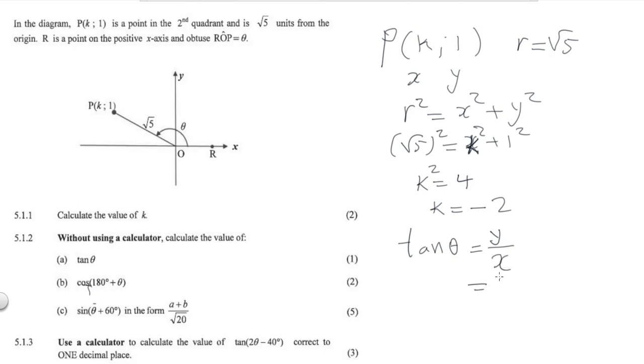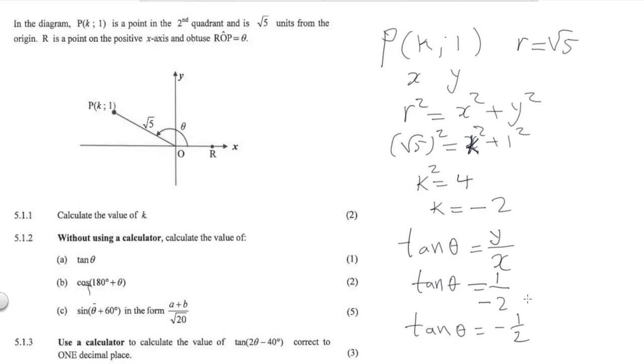So what is your y? What is the y value? The y will be 1, the x will be minus 2. So tangent theta will be minus 1 over 2.